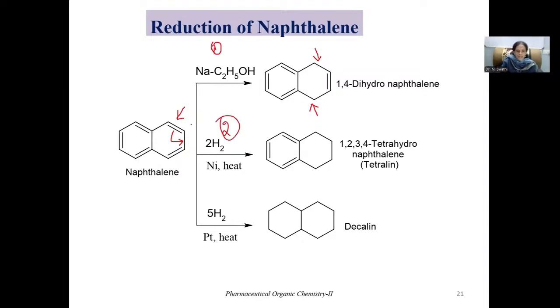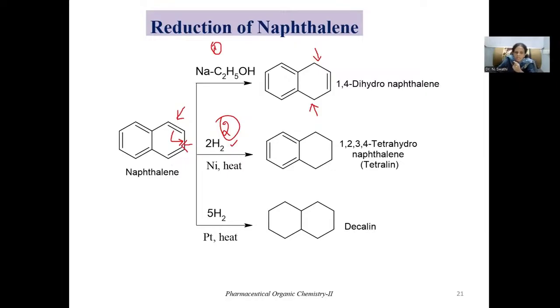Now the second reaction is reduction of naphthalene by passing 2 moles of hydrogen in the presence of nickel and heat. That means naphthalene will be heated in the presence of nickel by passing 2 moles of hydrogen. Because here we are supplying 2 moles of hydrogen, only 2 double bonds will undergo reduction. Those 2 double bonds are from the first aromatic ring system.